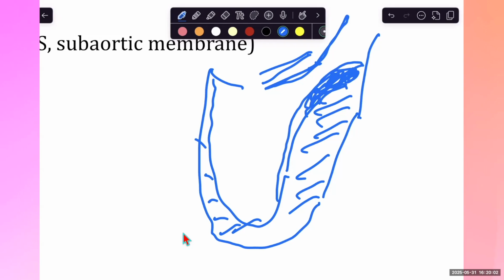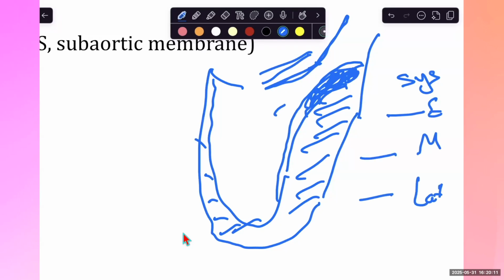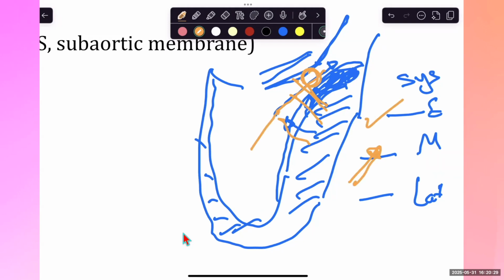So in the very early part of systole, we can say early, mid, and late. What will happen in the early? Some volume will go, and the more squeeze that occurs, it will obstruct here. So the first amount will go easily. The remaining amount will have some obstruction in its way.